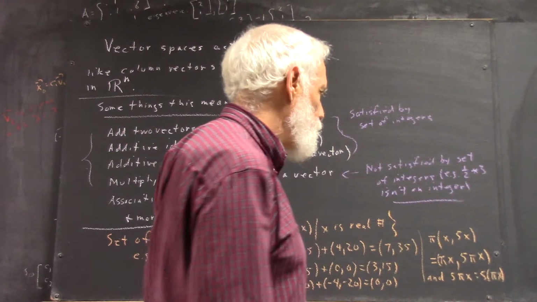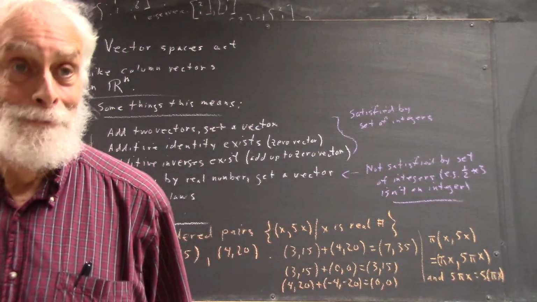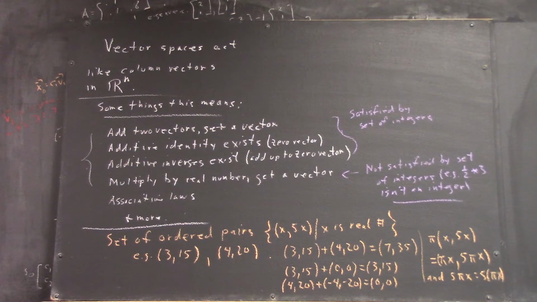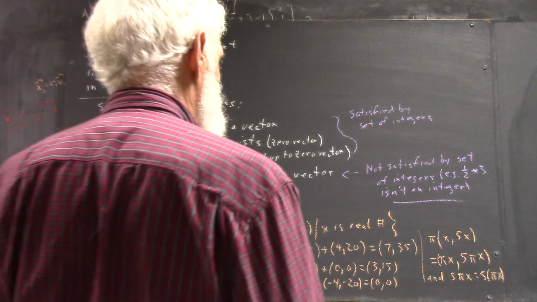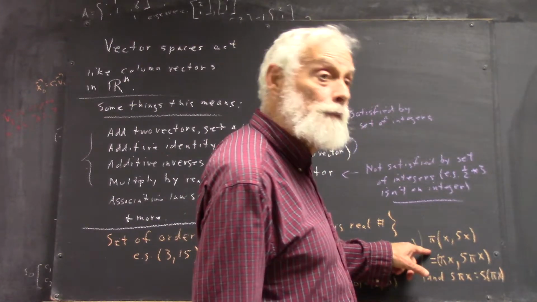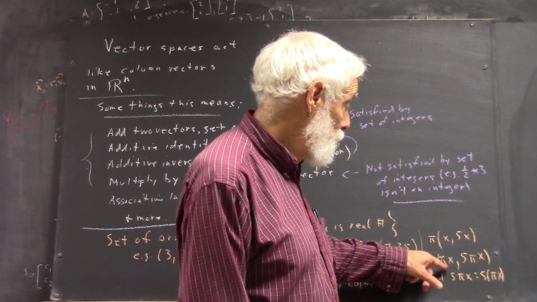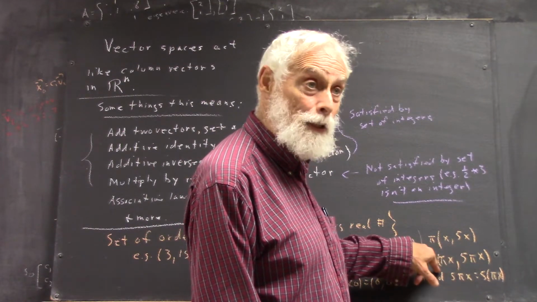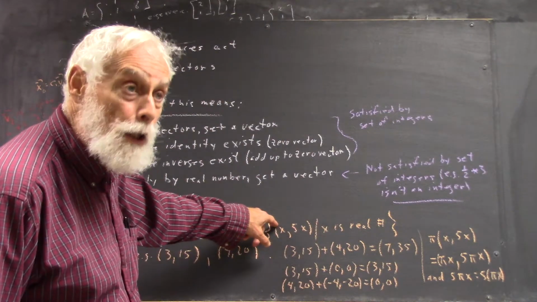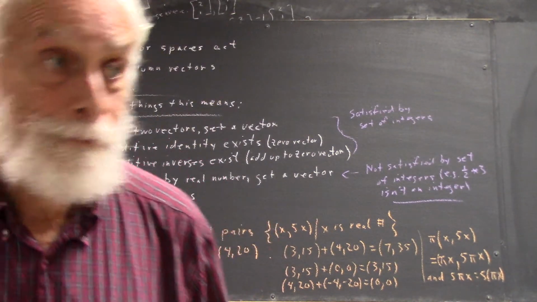And 5 pi x is 5 times pi x, so this is 5 times this, right? That doesn't prove it either. But if I wrote instead of pi, c, where c could be any real number, I'd get (cx, 5cx), right? And this is still 5 times this, and that would prove this property, right? Okay, so it works out.